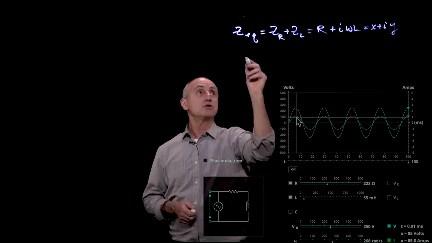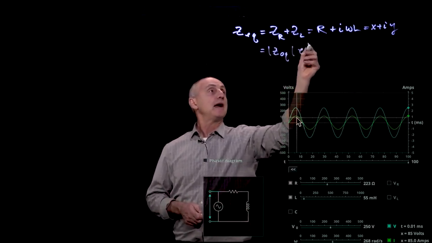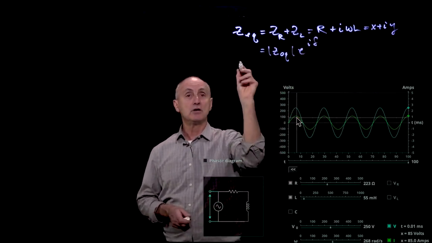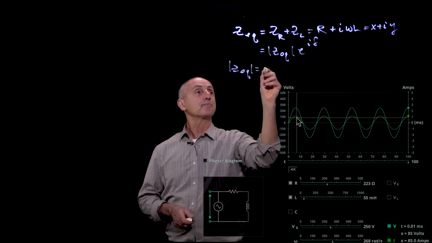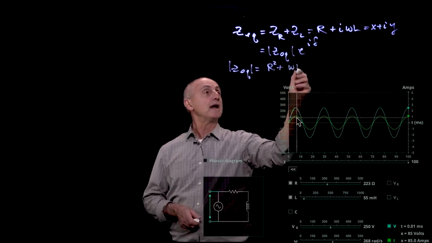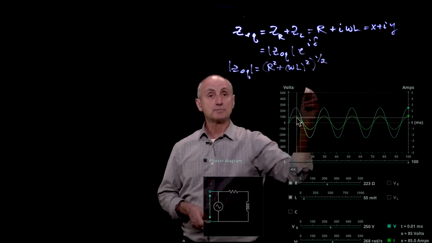Again, what we need to do is write this as a modulus and phase. And so the modulus here is just given by R squared plus omega L, quantity squared, to the 1/2.